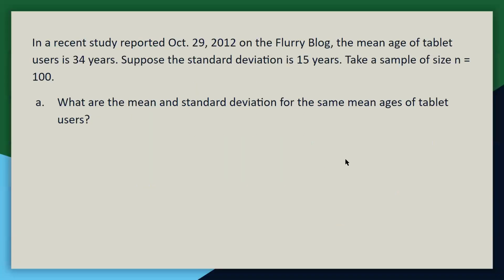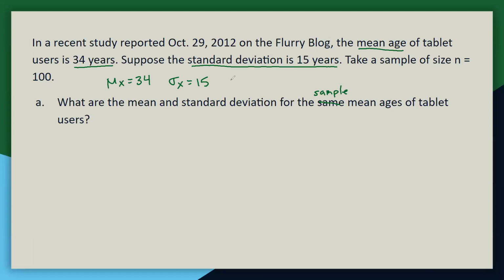So let's go ahead and start with part A. What is the mean and standard deviation for the sample mean ages of tablet users? So let's fix my typo. A couple of things we're going to read through. We're going to identify what we're given. Mean age of tablet users is 34, so mu sub x is 34. And then the standard deviation is 15, so sigma sub x is 15.